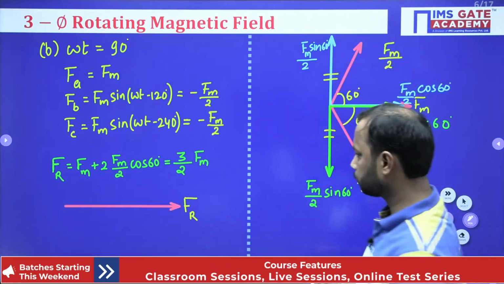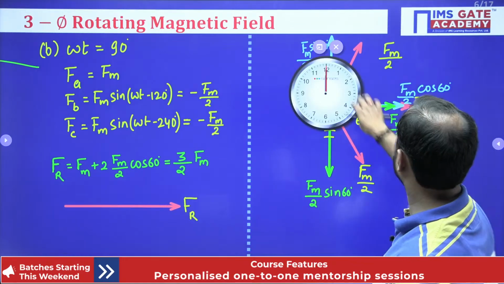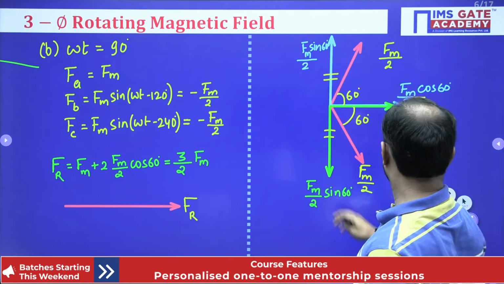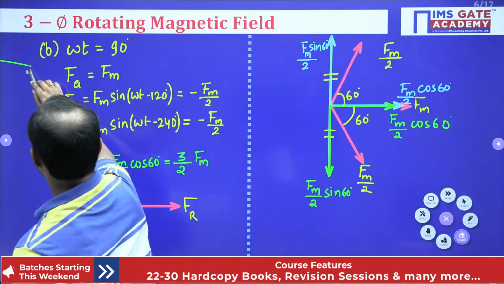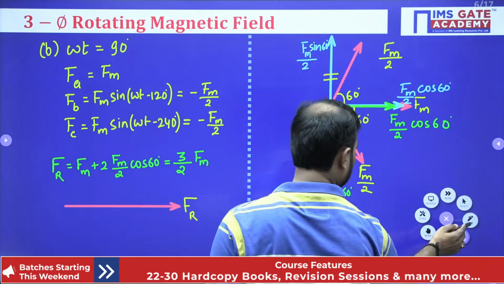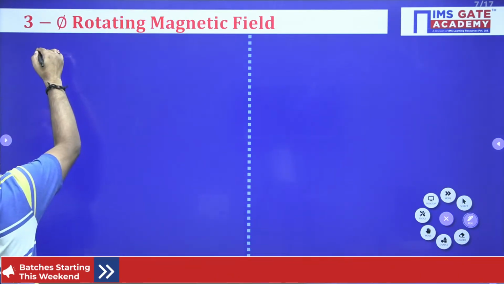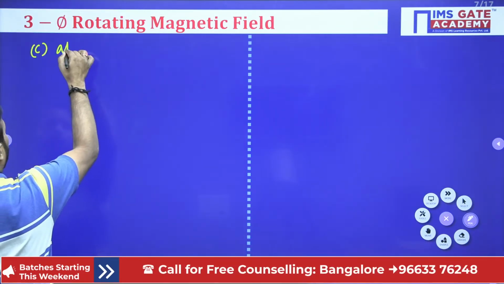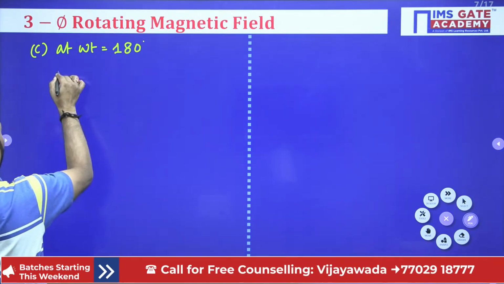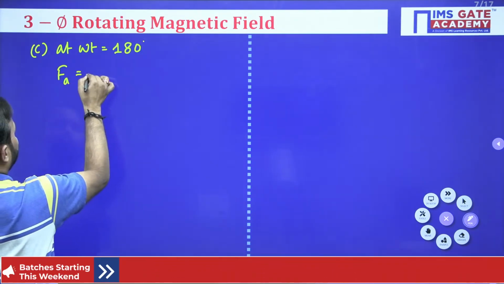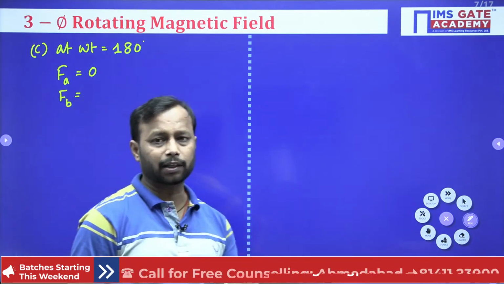Okay. Now let me take one more instant here at omega t equal to 180 degree. So your Fa is equal to 0, your Fb which is sine omega t minus 120.